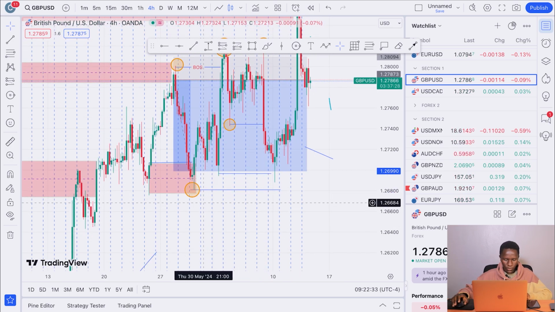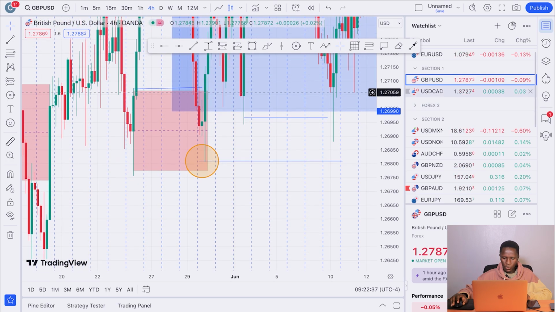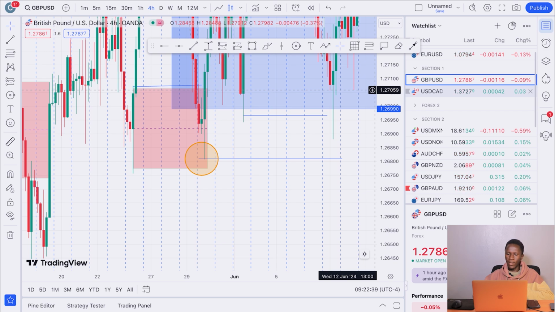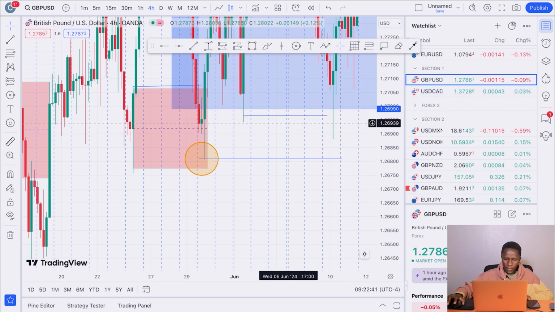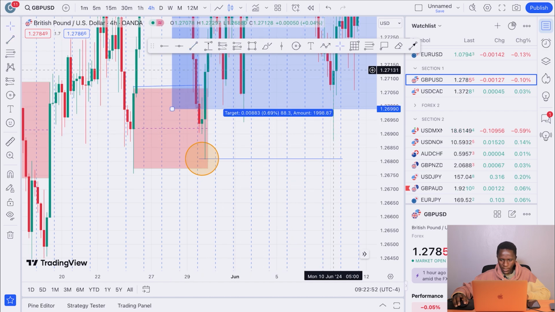Then, to those who know how to use the wicks, you will understand that they will always come and mitigate and sweep out this liquidity. Like here, we still had some liquidity.